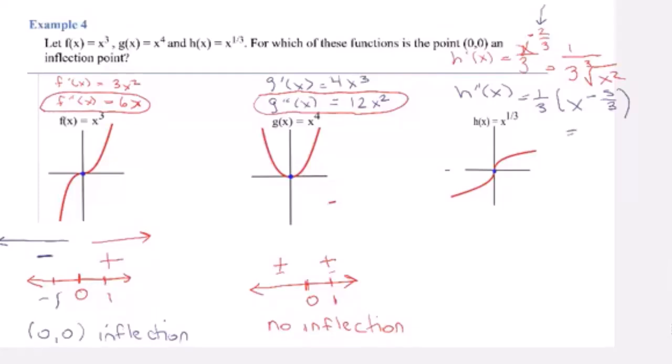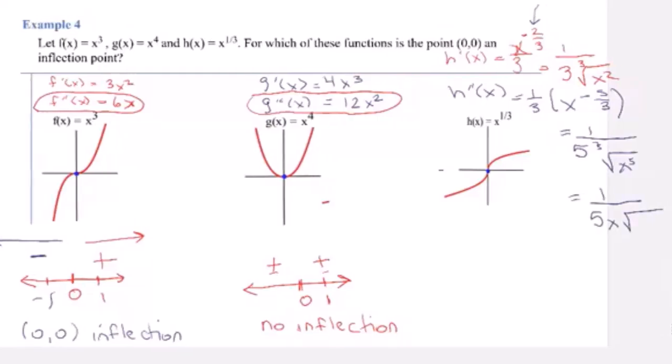Which is really the same as 1/5 times the cube root of x to the 5th power, which is equal to 1 over 5x times the cube root of x squared.